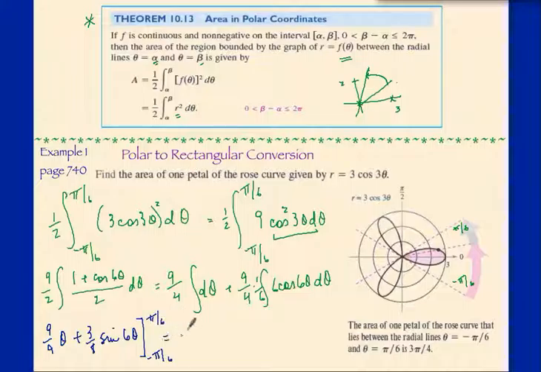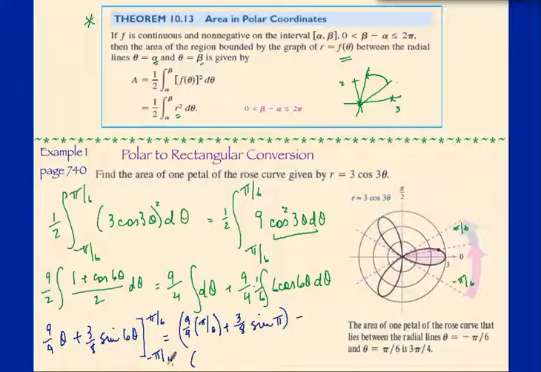Okay, let's plug in our endpoints of integration. I'll probably have to make 2 layers here. We're going to have 9/4 times pi over 6 plus 3/8 sine of, since pi over 6 times 6 is pi. Okay, that's the first part.